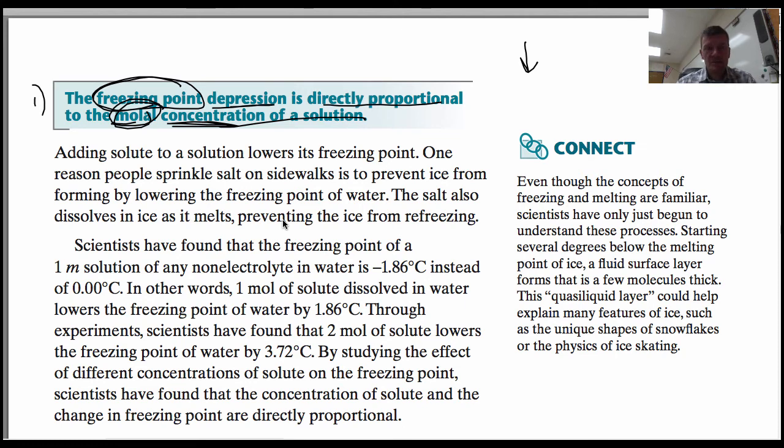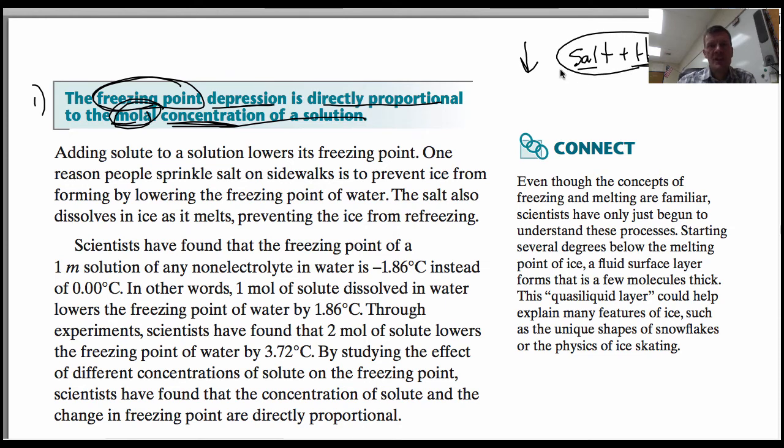During the wintertime, salt or maybe some other type of mineral is often spread on roads. Why is that? Because when you add salt and water, that salt is going to lower the freezing point of that water.